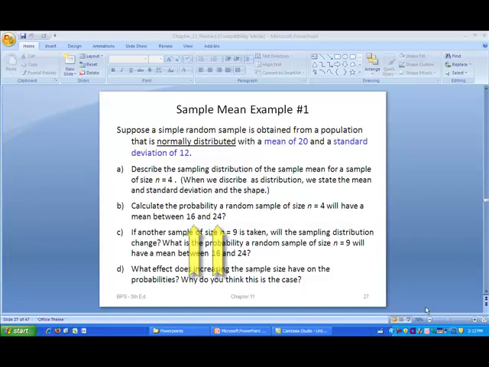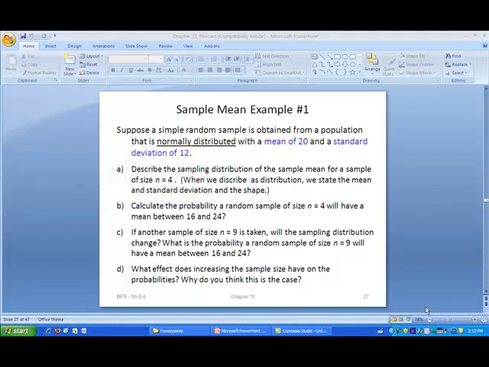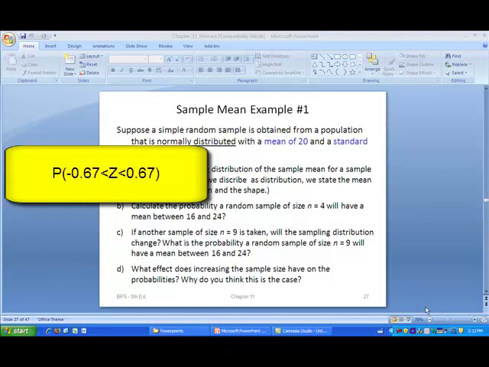So I would say 16 minus 20 divided by 6. Then 24 minus 20 divided by 6. So now I have my z-values. So I'm now looking for the probability that z is between negative 0.67 and positive 0.67.